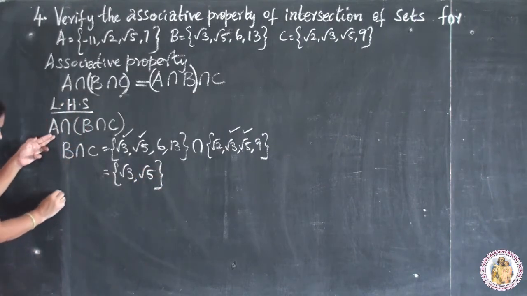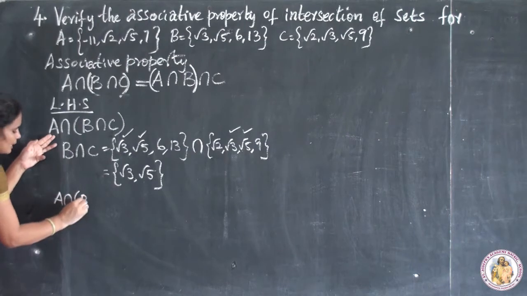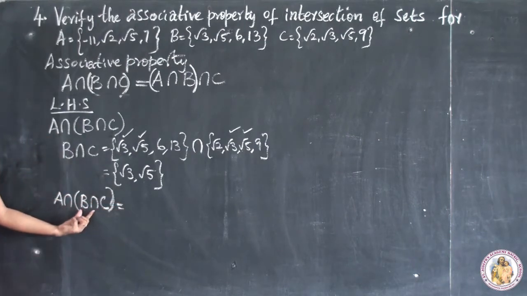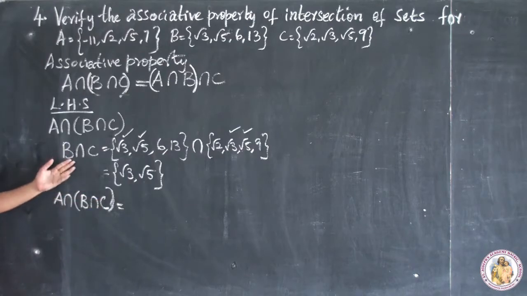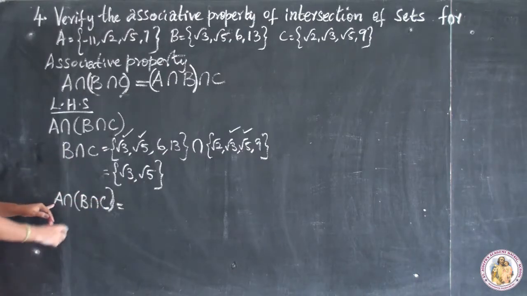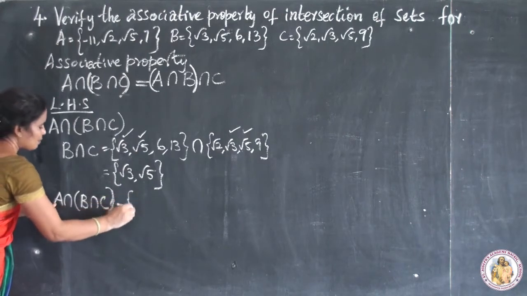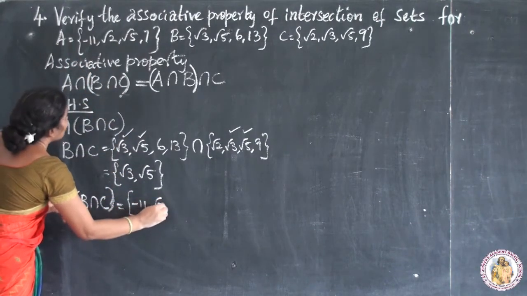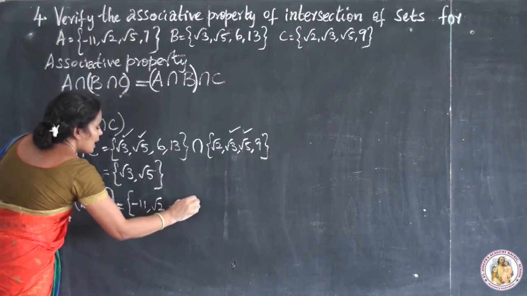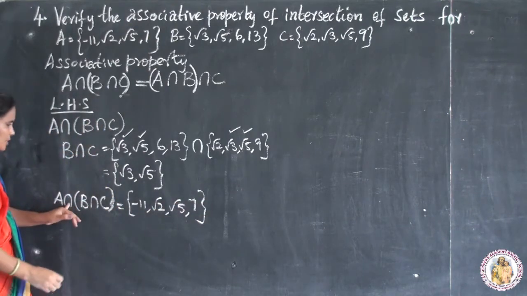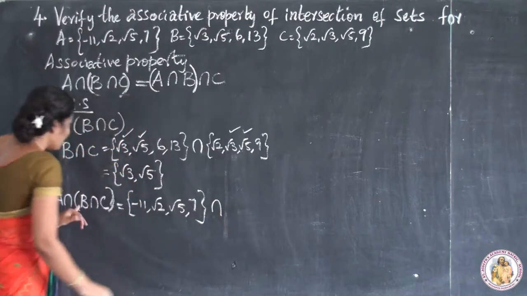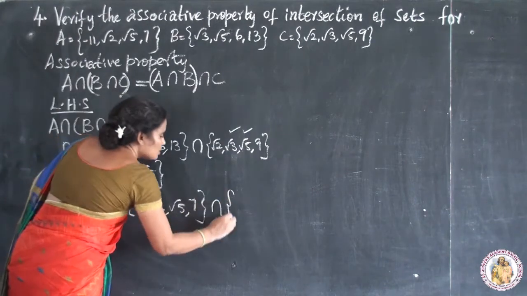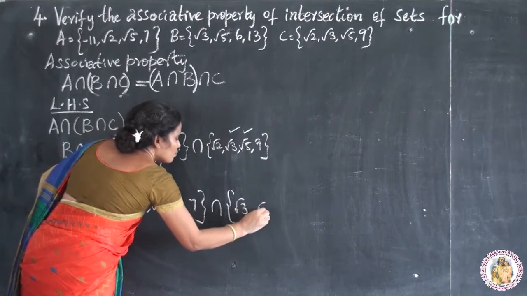Okay, then go with A intersection (B intersection C). As we have found B intersection C already, find A intersection (B intersection C). Write the elements of A: minus 11, root 2, root 5 and 7, intersection B intersection C. For B intersection C we have root 3 and root 5.